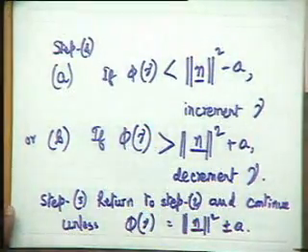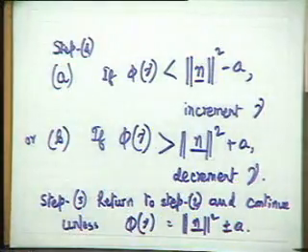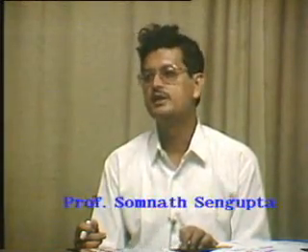Strictly speaking, I should have written phi gamma lying between n square minus a and n square plus a.